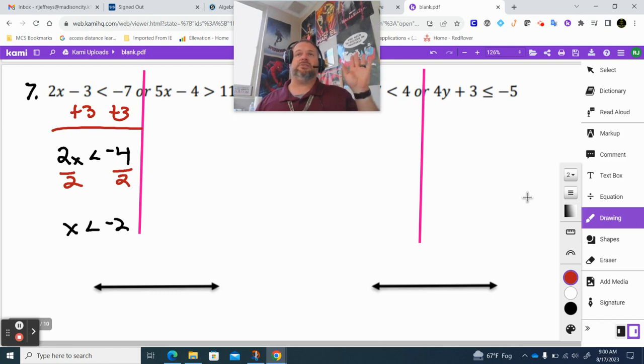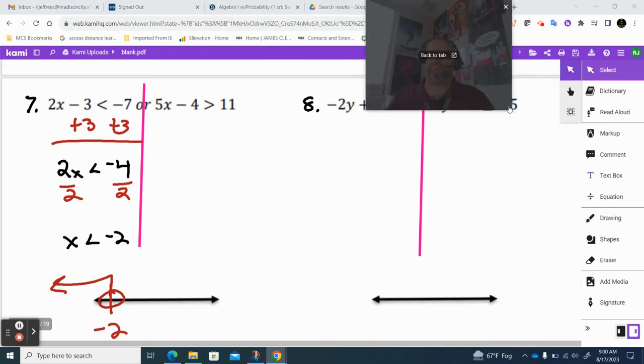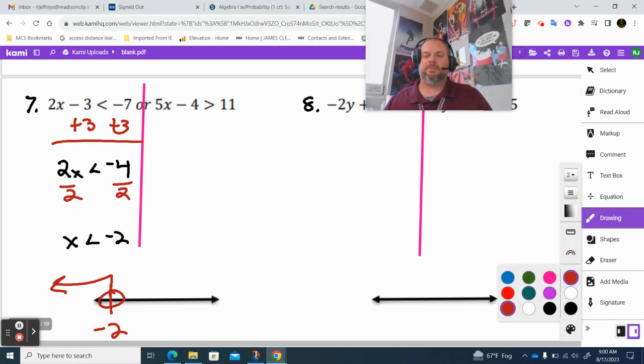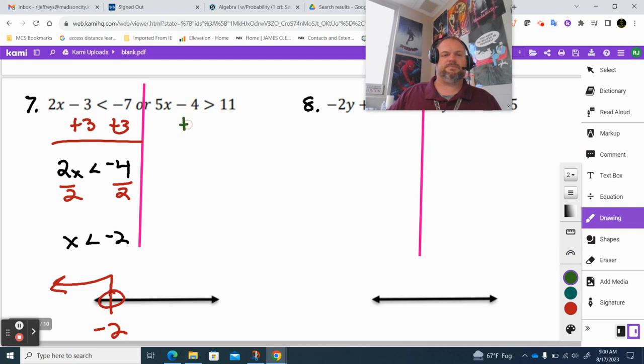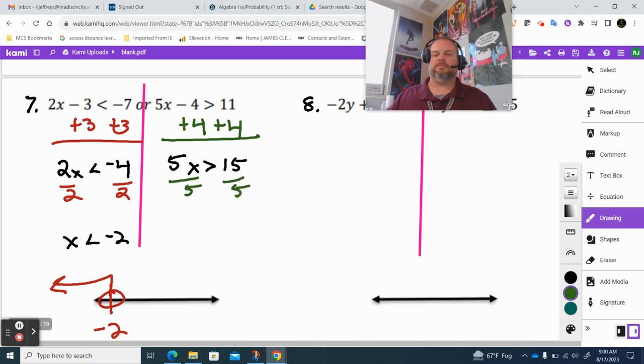Some people have to solve and then graph together. Some people do their math kind of willy nilly, like a little hippie action, and they'll go ahead and graph it like this. We would add 4, then divide by 5. And there we go.